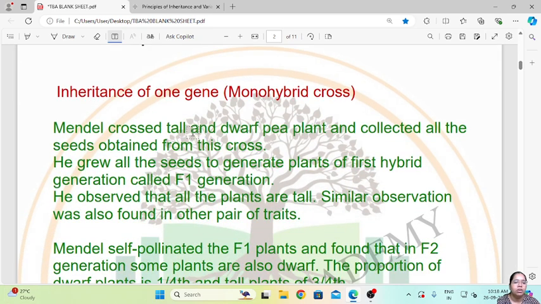Mendel crossed tall and dwarf pea plants and collected all the seeds obtained from this cross. He grew all the seeds to generate plants of the first hybrid generation, called the F1 generation, and he observed that all the plants were tall. Similarly, the same observation was found in the other pairs of traits.